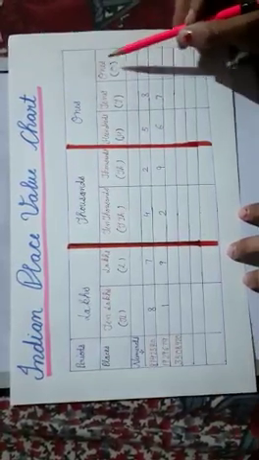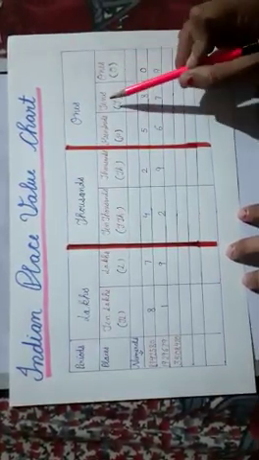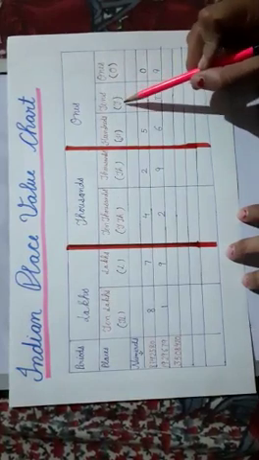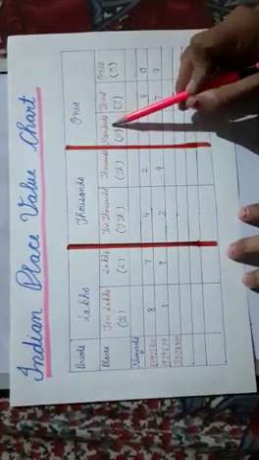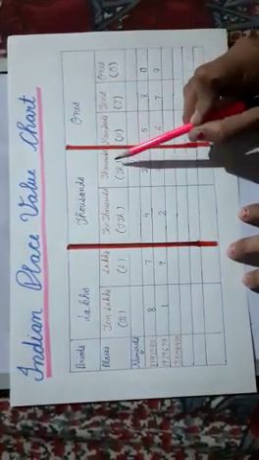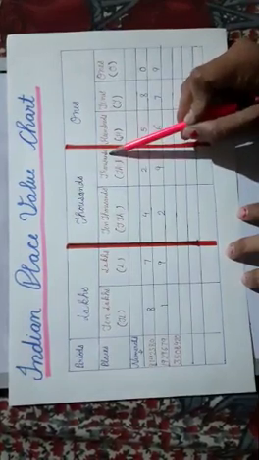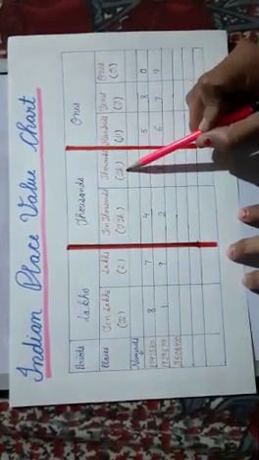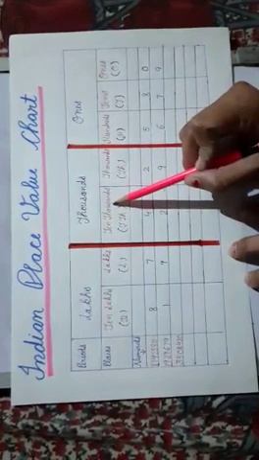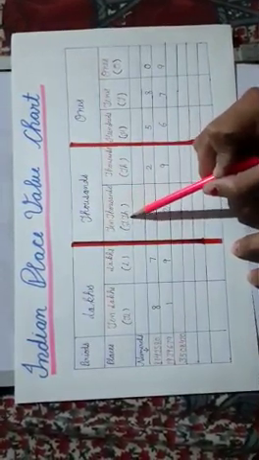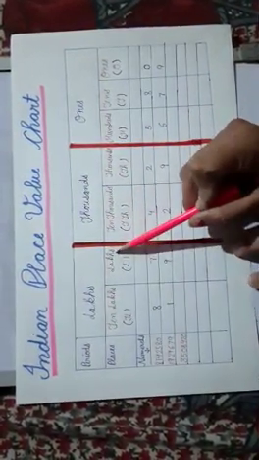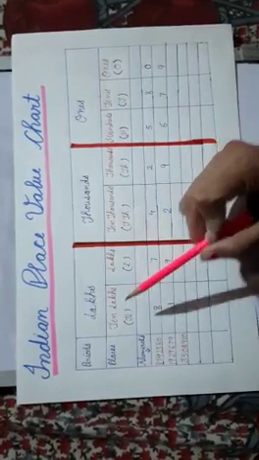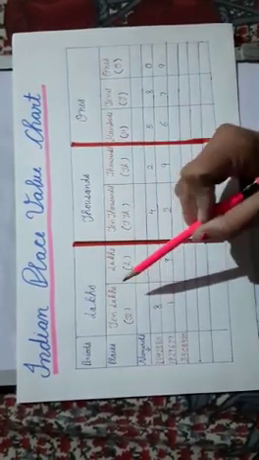For ones place we use O, tens place we use T, for hundreds place we use H. Then thousands place is represented by TH and 10,000 is represented by T and TH. Lakhs is represented by L and 10 lakh is represented by TL.